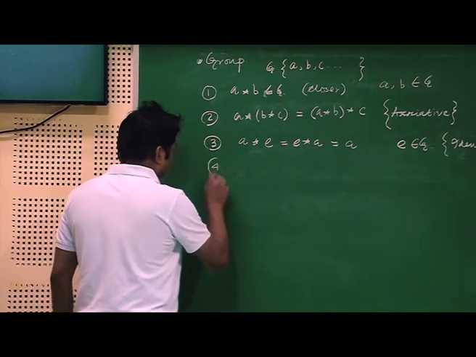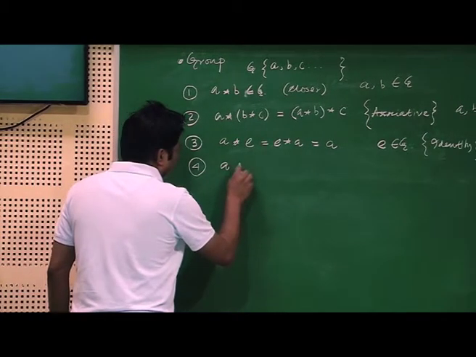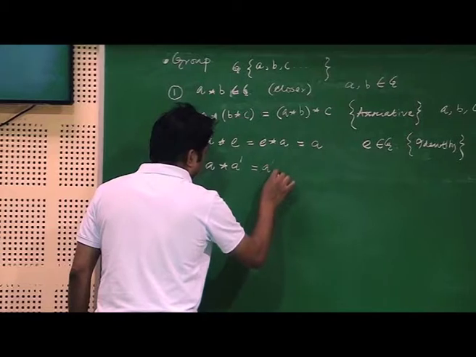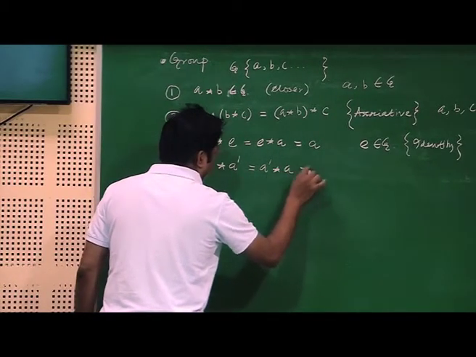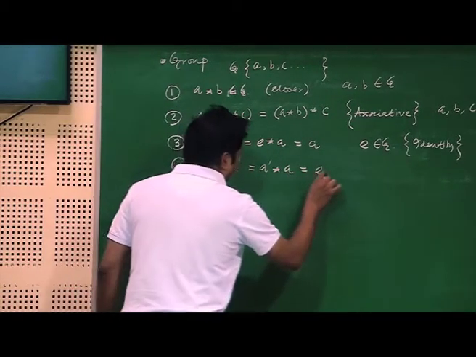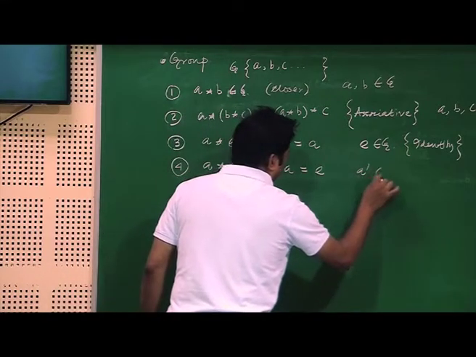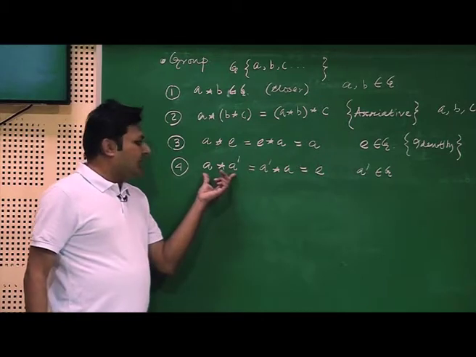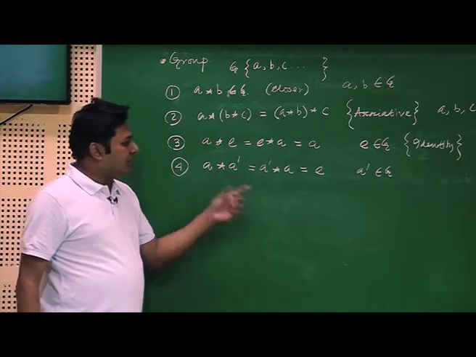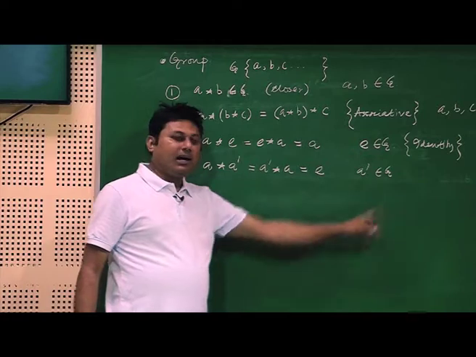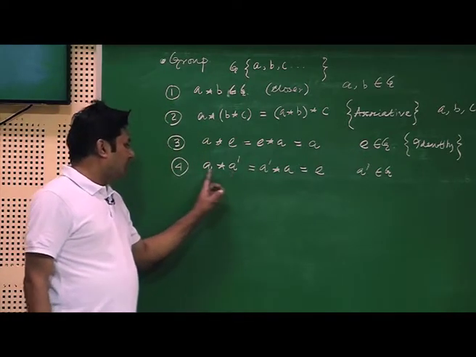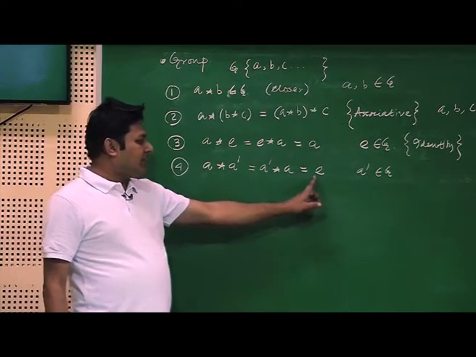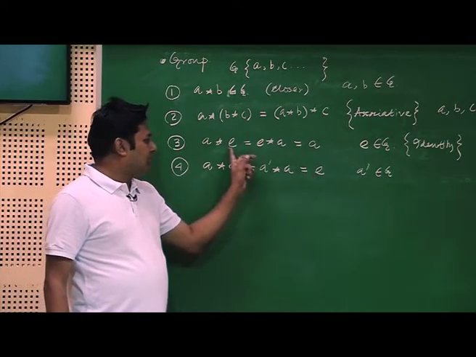For A star, where A star is also an element of G. This A prime also is an element of the set G, and I operate this A with this A prime, and as a result I am getting back my original identity element.